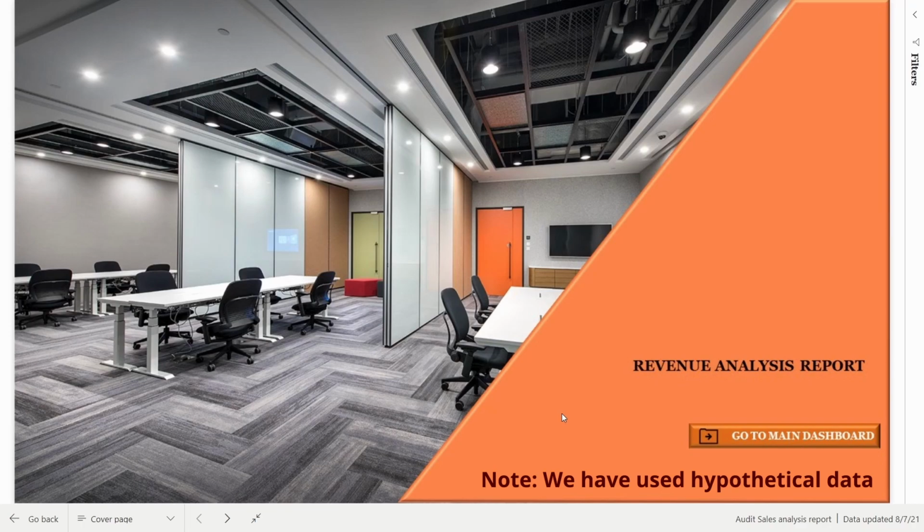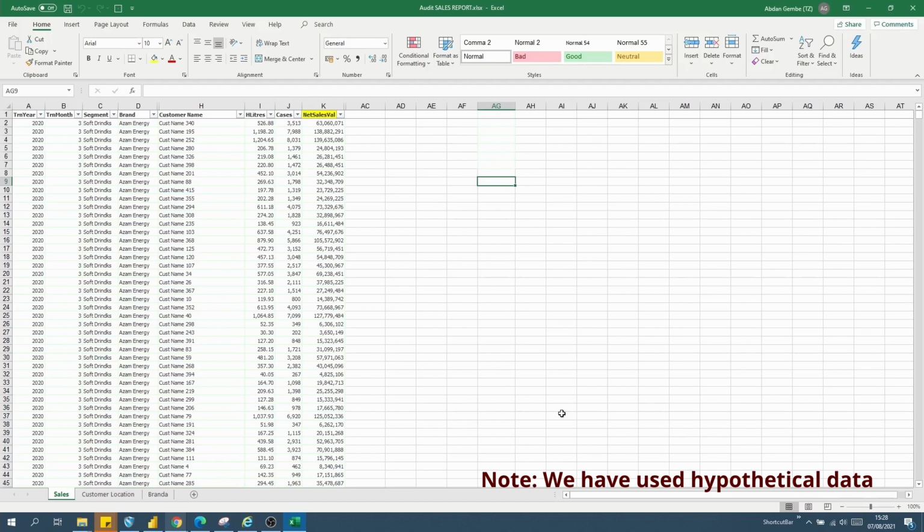So before we start with the analytics, let's check the raw data which we have used to do this analytic. It's a very straightforward source of data. The main key information that you'll need here is the time, which we have as year and month, or you can have the date, product type, customer name, and the amount in terms of sales and amount in terms of quantity.